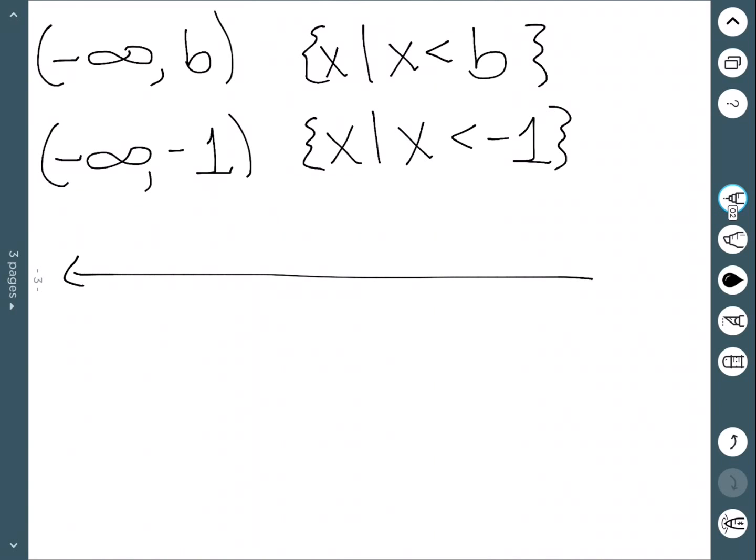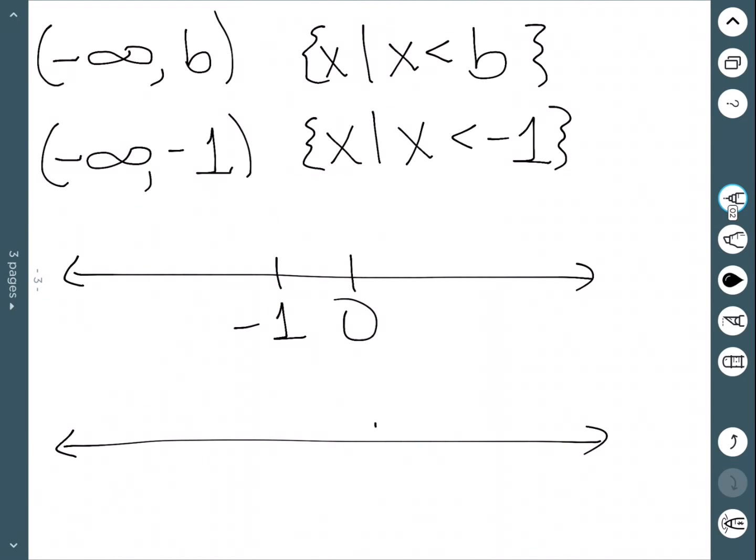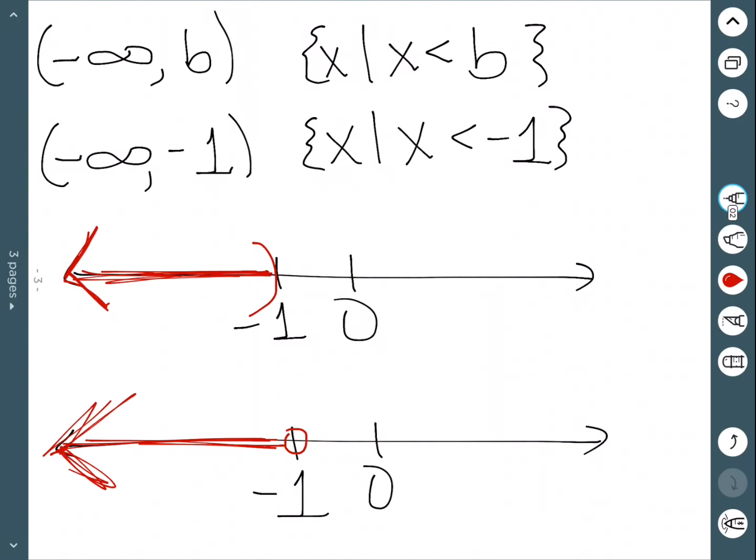If we want to graph this, we do still have the 2 different ways to graph. The first of which would be to put a parenthesis at negative 1 and shade below it, since we're going below down to negative infinity. The other would be to use the open dot on negative 1 to indicate that that point is not actually included. And then we do the exact same shading.